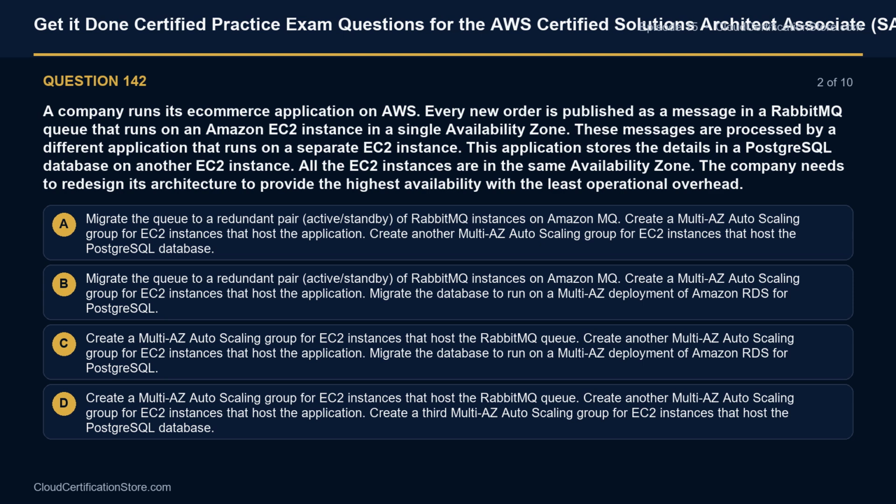Option D. Create a multi-AZ Auto Scaling group for EC2 instances that host the RabbitMQ queue. Create another multi-AZ Auto Scaling group for EC2 instances that host the application. Create a third multi-AZ Auto Scaling group for EC2 instances that host the PostgreSQL database.